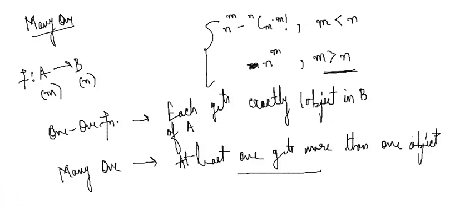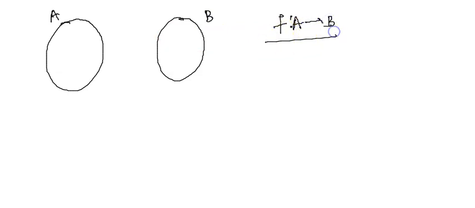Now let us approach the next case, how can we calculate onto functions and into functions. Before discussing that, we have to understand what an onto function is and what an into function is. Suppose this is set A and this is set B, and a function is made from A to B, so we have to check whether this function is onto or not.